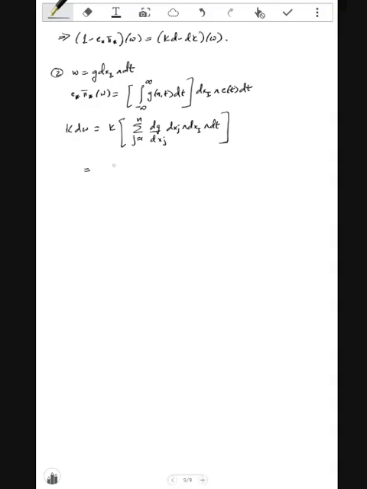This is equal to the first term plus a of t times the integral from minus infinity to infinity, where the summation is on the whole thing.